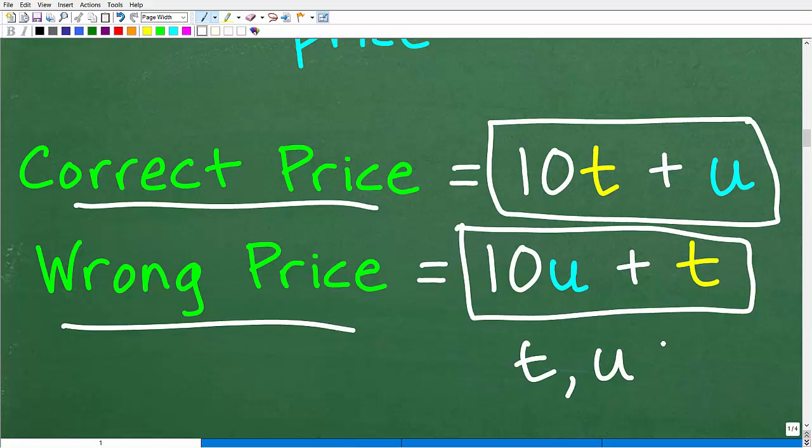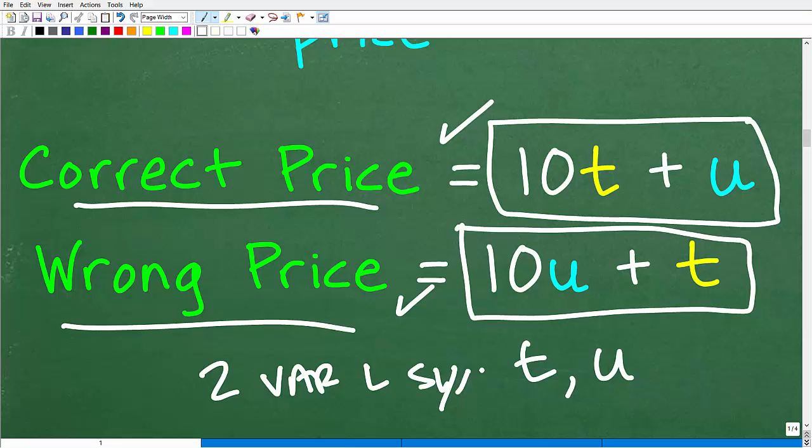So what is this telling us? Well, hopefully it's saying to you, if you have two variables that you're looking to solve for, we're going to need two equations. We're going to have to build two equations, and when you have two equations with two variables, we're talking about a two-variable linear system of equations. A lot of you are like, oh my goodness, Mr. YouTube Math Man, you got me so confused.